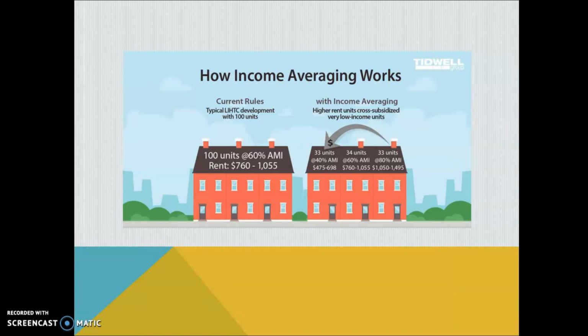So we have three different rates, where 33 units at 40%, 34 units at 60%, and 33 units at 80%.